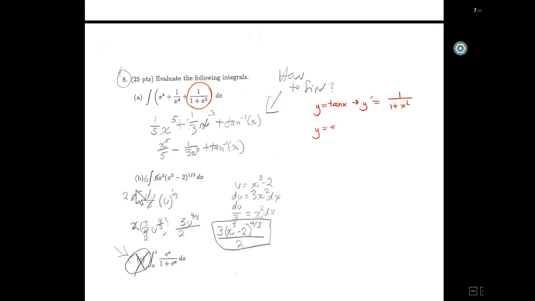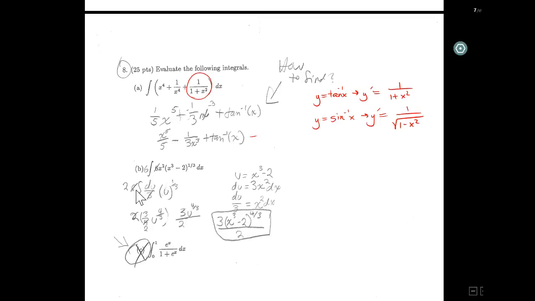Usually most teachers would also like you to know that if y is sine inverse of x, then y prime is 1 over the square root of 1 minus x squared. So it's just a matter of recognizing 1 over 1 plus x squared: when we take the antiderivative of that, we get tangent inverse. And don't forget, if it's an indefinite integral, you should have a plus c at the end.